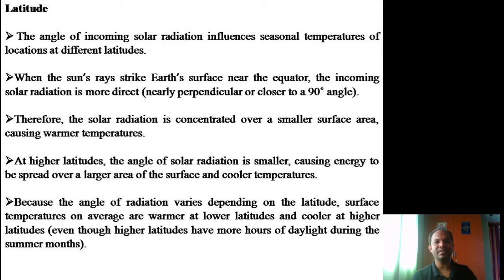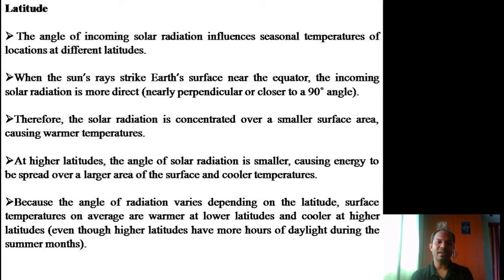When the sun's rays strike the Earth's surface near the equator, the incoming solar radiation is more direct. Whenever I say more direct, it is nearly normal or perpendicular, very close to 90 degrees. Is it clear? Therefore, the solar radiation is concentrated over a smaller surface area, causing warmer temperatures.